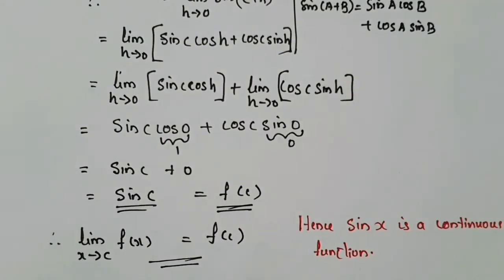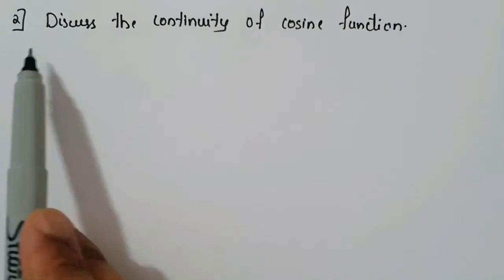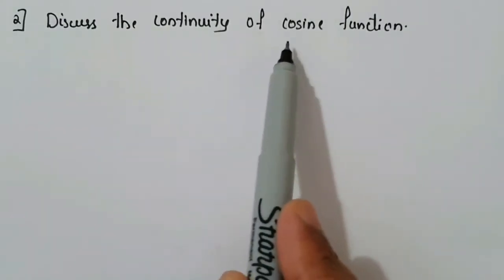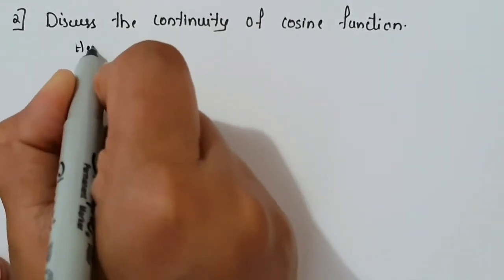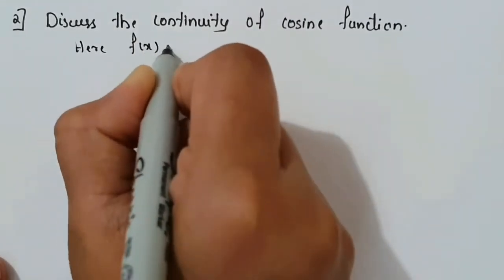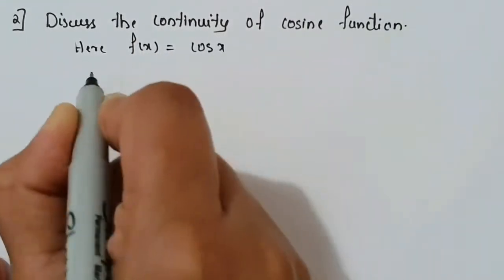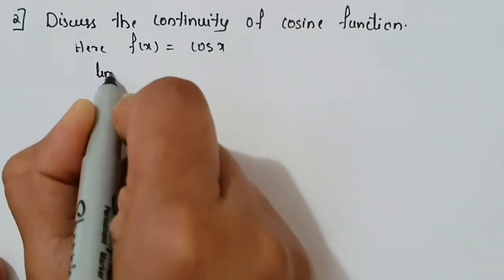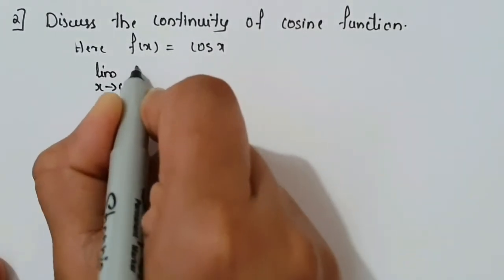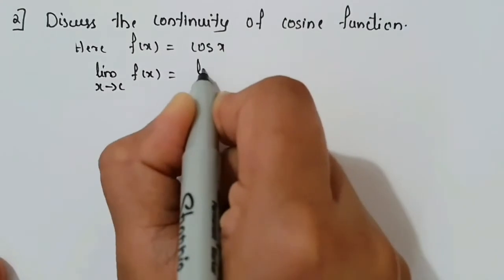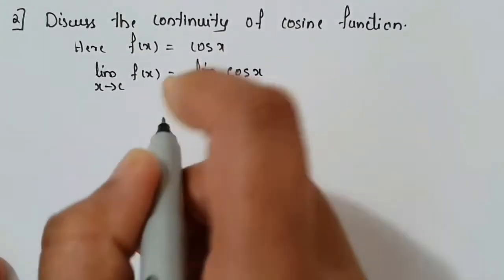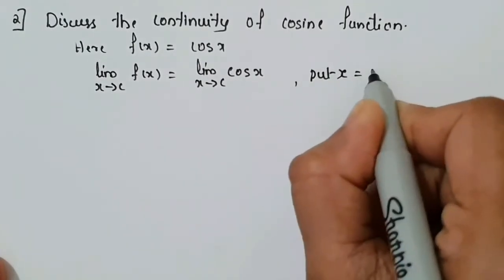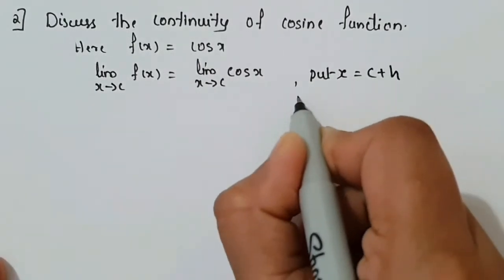In a similar way, we can do the cosine function. Example 2. Discuss the continuity of cosine function. Here, f of x is equal to cos x. Just limit x tends to c, f of x is equal to limit x tends to c cos x. Now, put x is equal to c plus h.